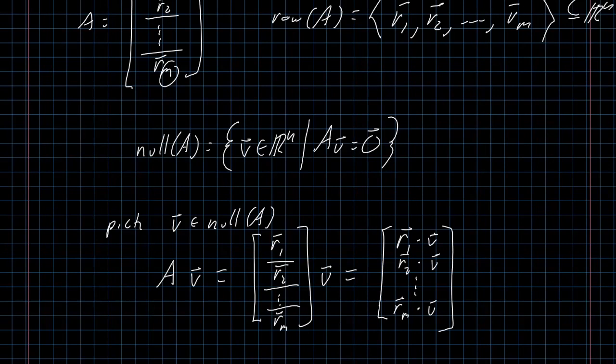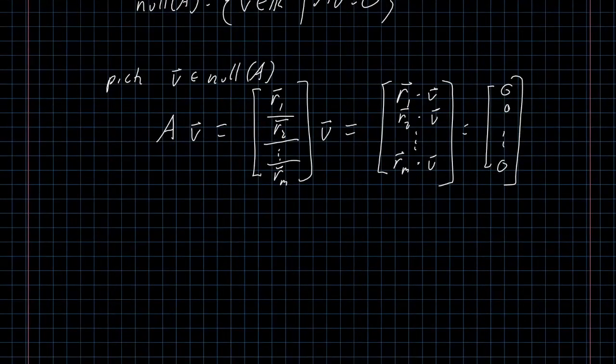But because I picked v from the null space of A, those things are all 0. So take any of the row vectors, dot it with v, and you will get 0 every single time for a vector v in the null space.